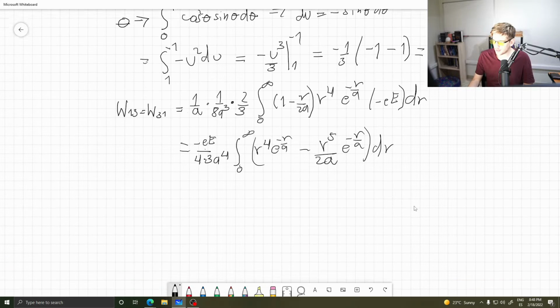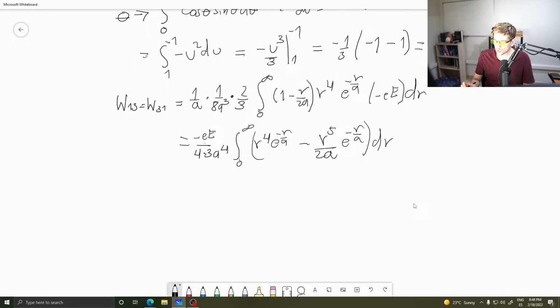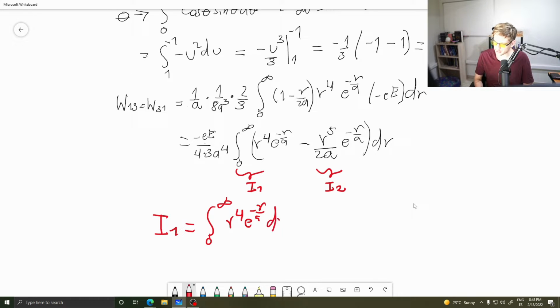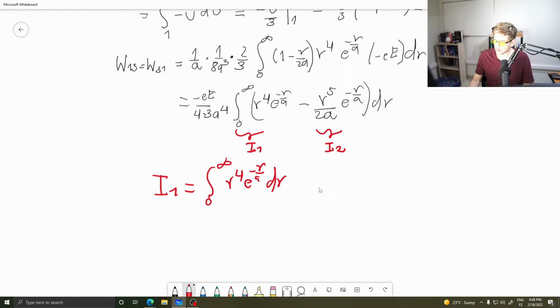Just in case they don't look quite familiar, let's call these I1 and I2. Let me maybe start with I1, and that will hopefully show you what this is. So I1 is the integral from 0 to infinity of r to the fourth, e to the minus r over a dr. This is something that we have seen many times before, but let's use a substitution to make it more evident.